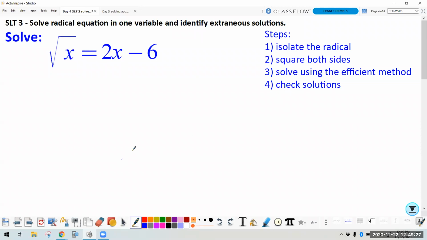And here's our 4 steps for solving the radical equations. So I want to give you a minute. I want you to write the title, write the first problem here, and write down the 4 steps.